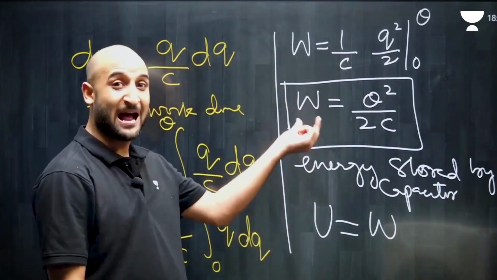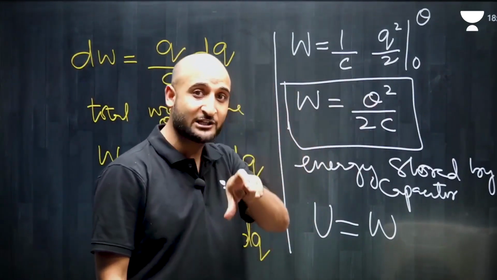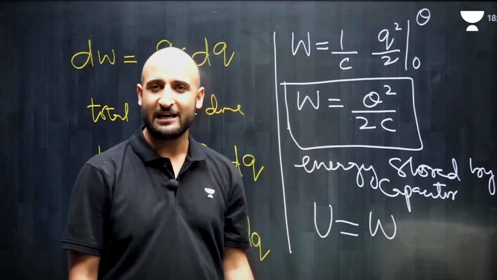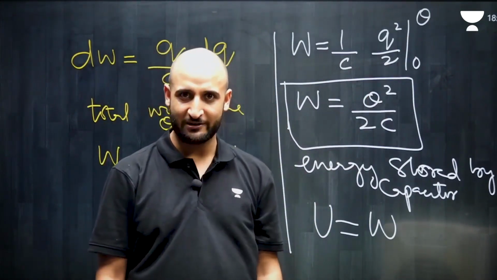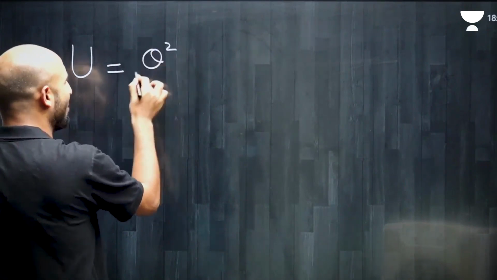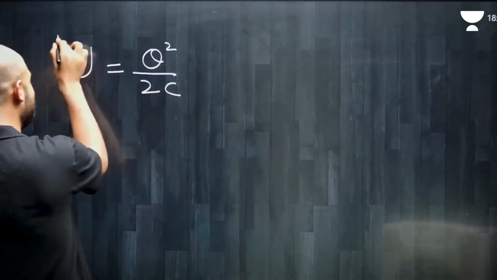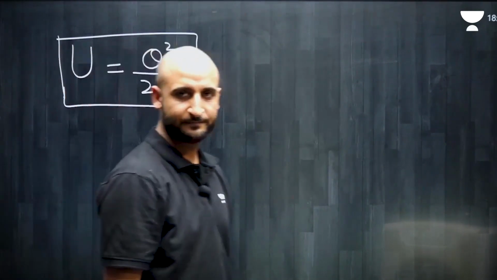The work done by the battery in building up charge capital Q on the capacitor is stored inside the capacitor in the form of electrostatic potential energy, right? So the energy stored by the capacitor, U, will be equal to Q squared divided by 2C, and this is the first formula for energy stored by a capacitor.